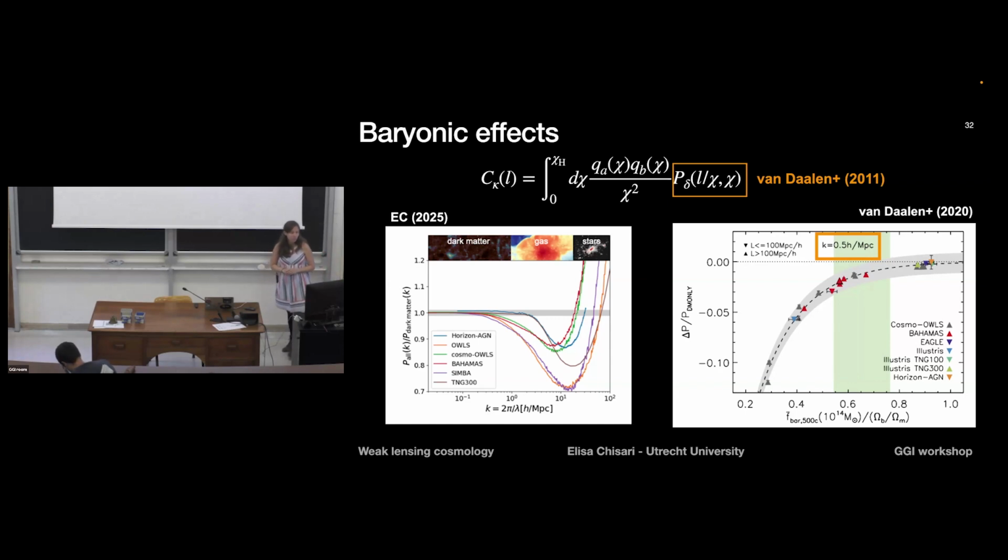Yeah, the line will move, because the halos that are sensitive to the suppression, so here you have a 10 to 14 mass, right? That mass will change with redshift. Yes, probably yes.